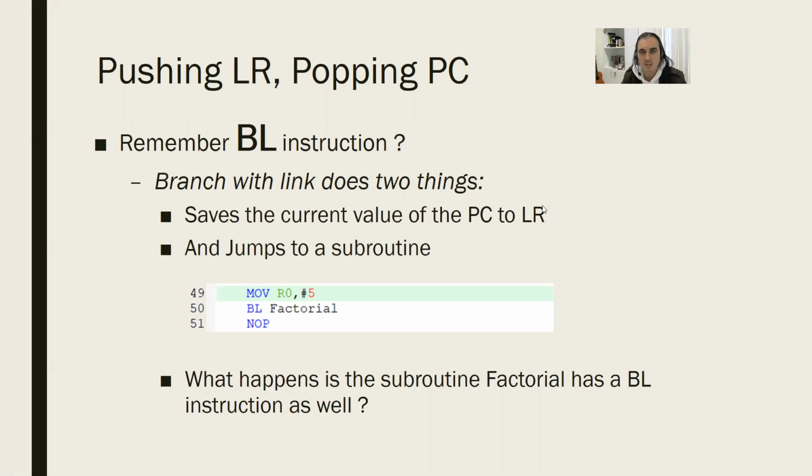What is a nested subroutine call? Imagine, guys, I'll try to define it for you. A nested subroutine call is, imagine I have a code like this one. Imagine this is the main code, and I've got this factorial. And inside factorial, I do things like R0, R0, 1.